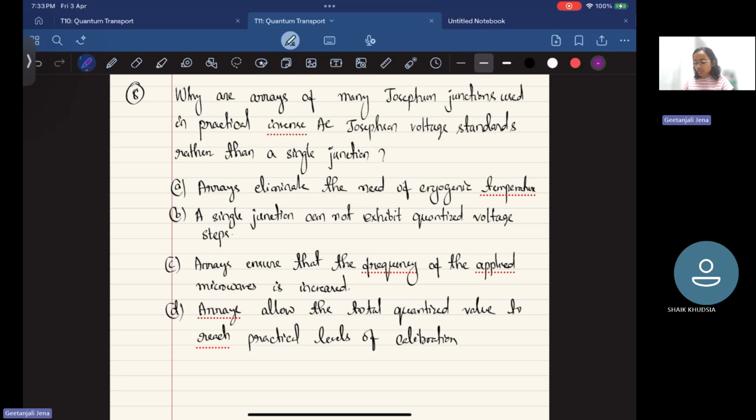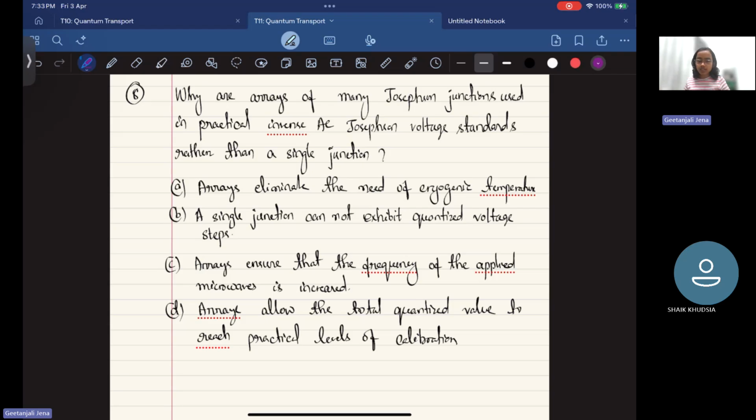Option B, a single junction cannot exhibit quantized voltage steps. Option C, arrays ensure that the frequency of the applied microwave is increased. Or option D, arrays allow the total quantized voltage to reach a practical level for calibration.